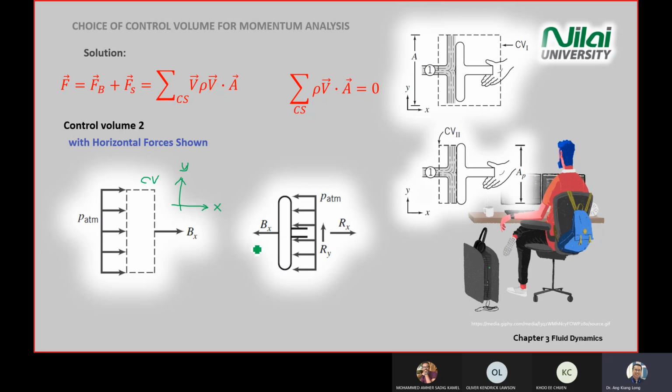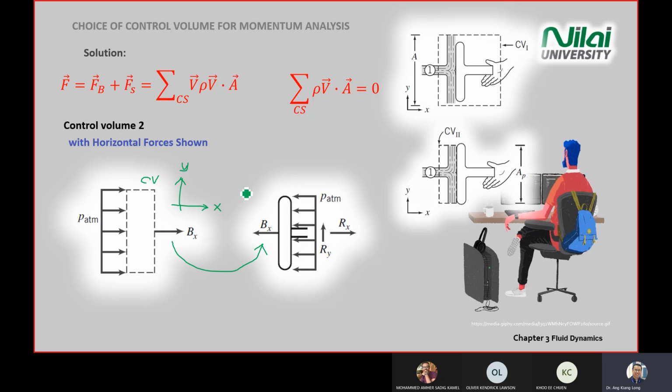So to balance the force from the control volume, you will invert. If your CV Bx is to the right, when you do the free body diagram for the plate, it will be going in the opposite direction, just to balance the force inside the system.